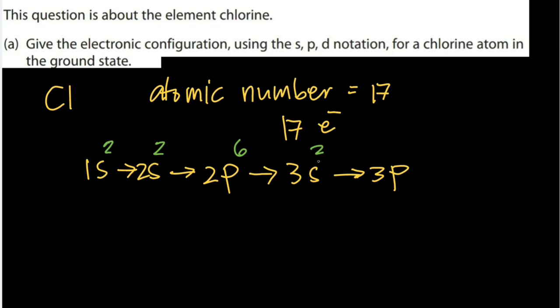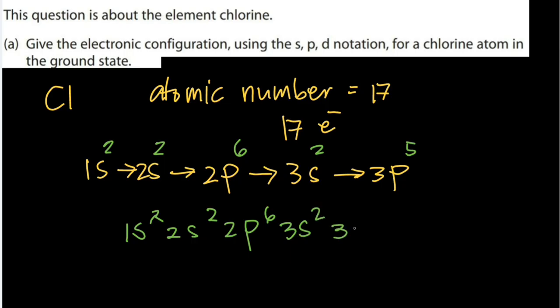So 6, 10, 11, 12, we have 5 more. So we have 3p5. Therefore, the electronic configuration of chlorine is 1s2, 2s2, 2p6, 3s2, 3p5, with a total number of electrons 17.